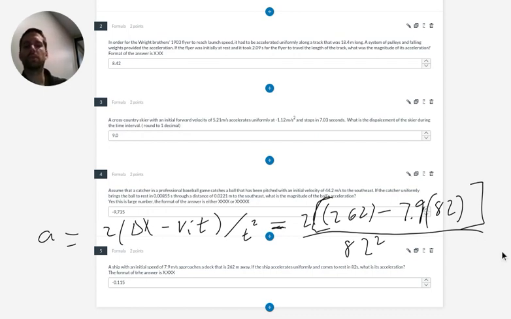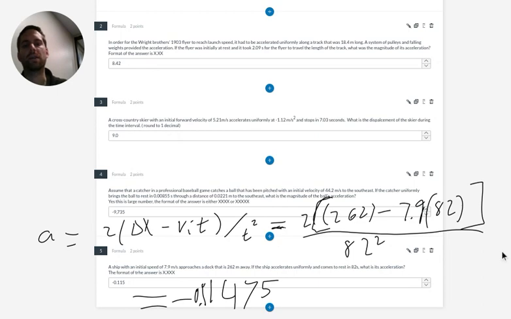So once I solve this, 2 times 262 minus 7.9 times 82, divided by 82 squared, I should get negative 0.1147.